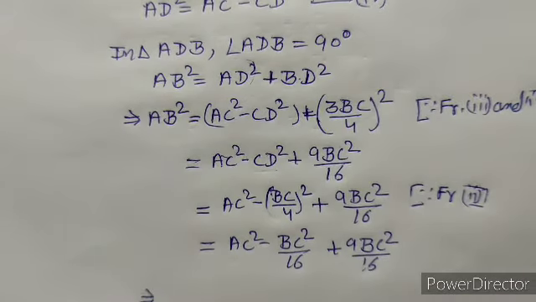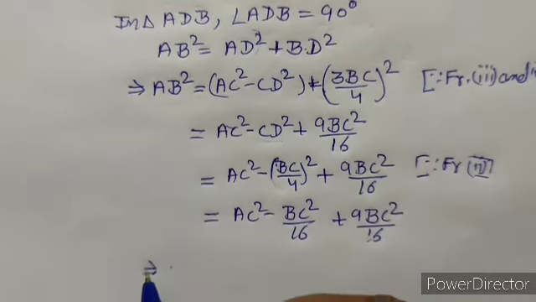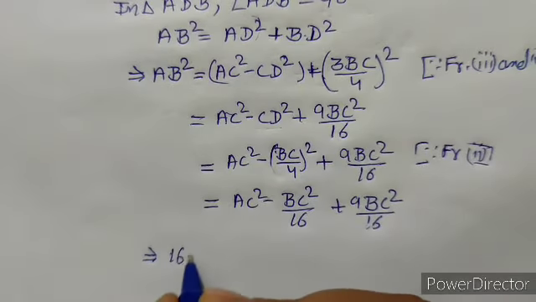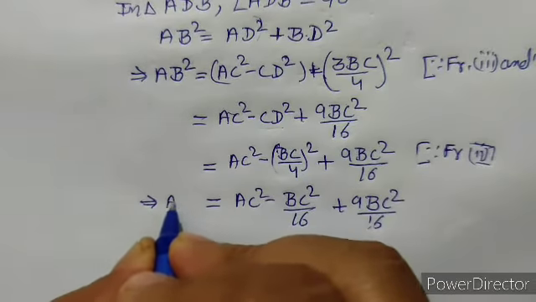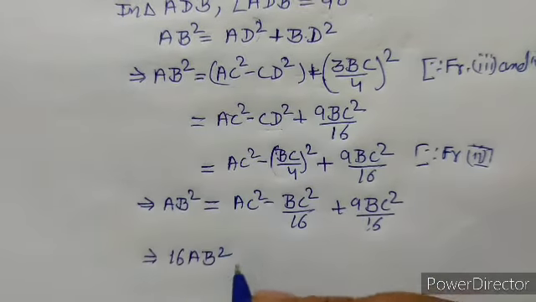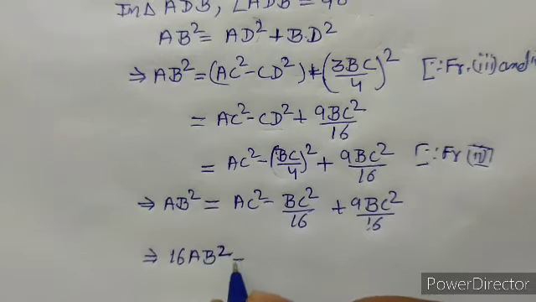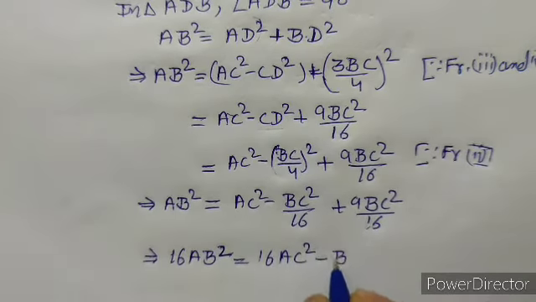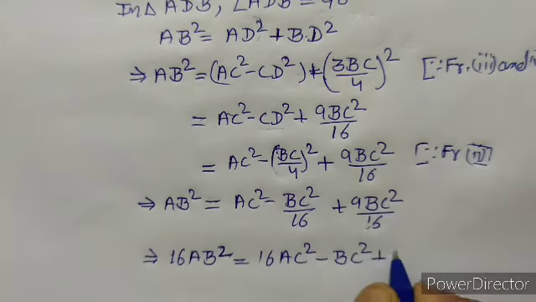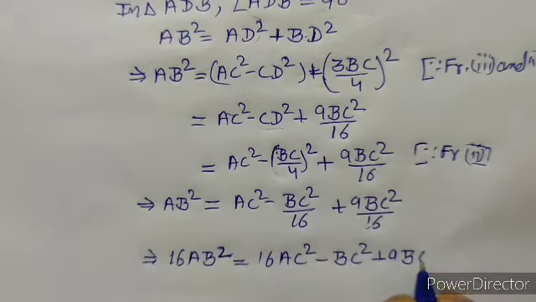On multiplying the whole equation by 16, we will get 16 AB square. This was the value of AB square. So 16 AB square will be equal to 16 AC square minus BC square plus 9 BC square.